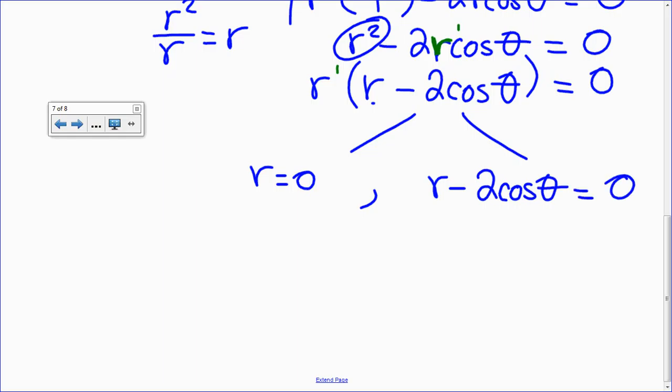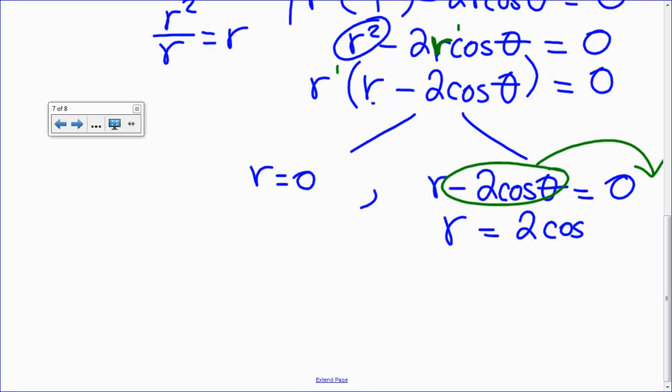So here, if I want to solve for r, it will be r is equal to 2 times cosine theta, because subtracting across makes it positive. Did we get that? Okay, perfect. So do we use that one or the r equals 0? We will use this one.